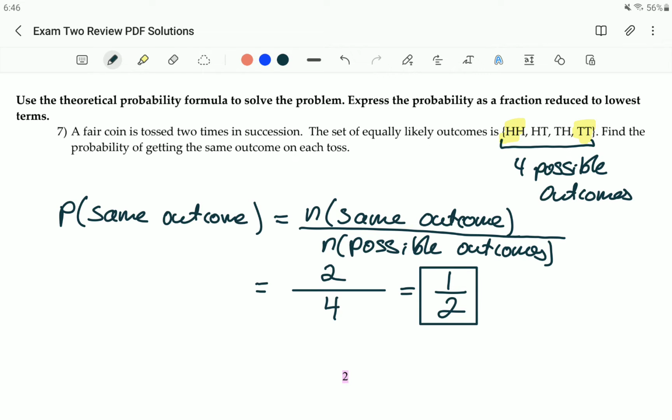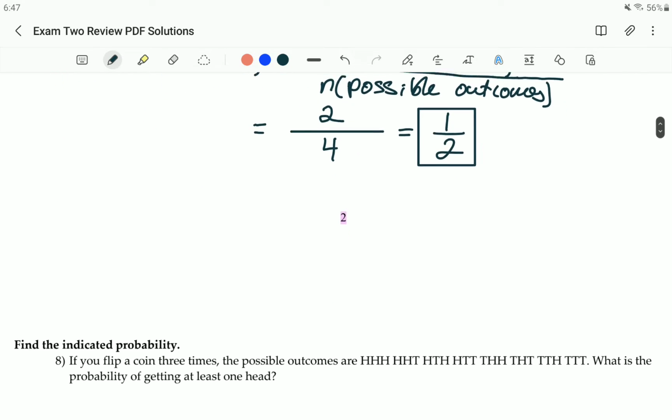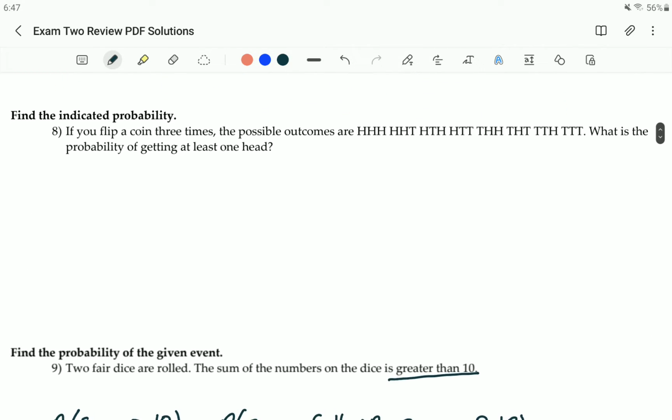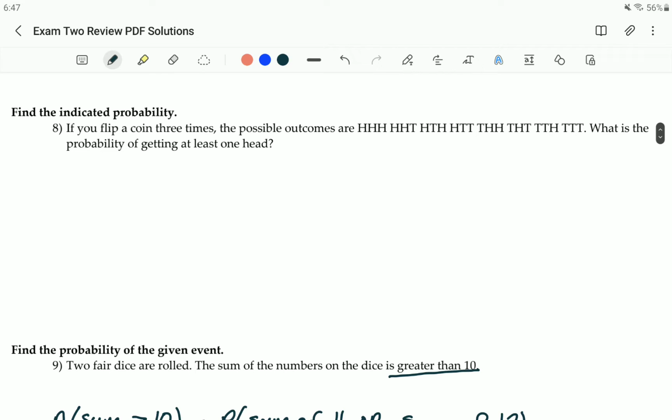All right, let's move on to number 8. Number 8 says, if you flip a coin 3 times, the possible outcomes are as follows. Let's put commas between these as well.